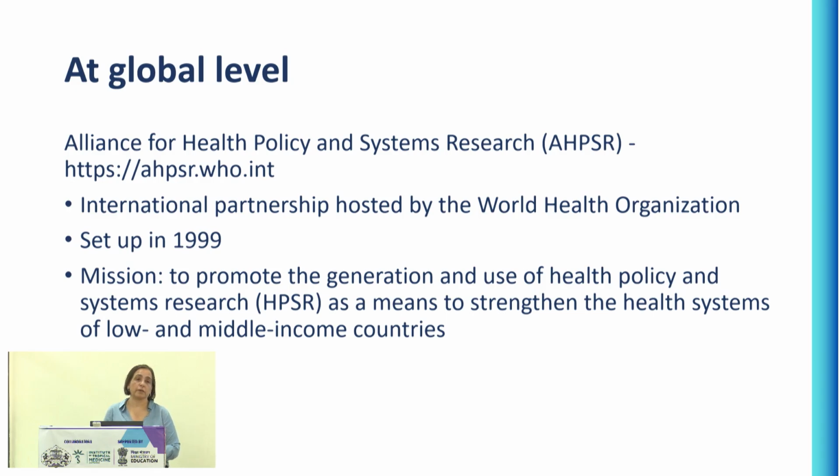They tend to commission small pieces of research, and they define topics of interest. So whenever you want to see what are, globally, some of the key health policy and systems research topics or the agenda, it's worth going onto their website and looking at recent calls, recent reports, and so on.